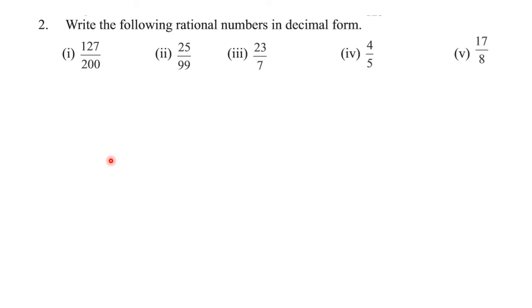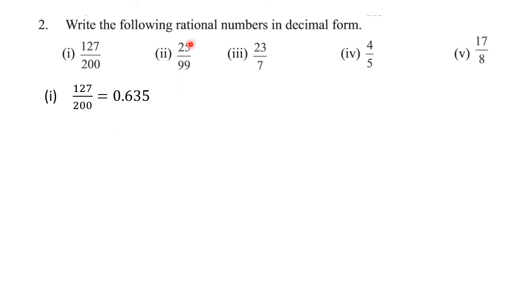Okay, so see what is the answer. I am displaying the answer now. Check your answer. 127 divided by 200 is 0.635. Check whether you got the correct answer. See, 1.27 divided by 2.